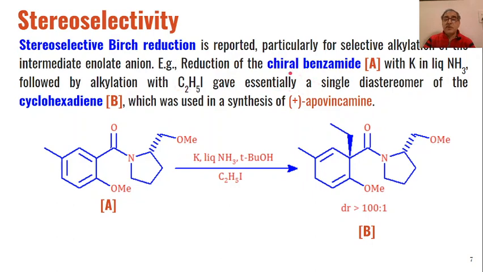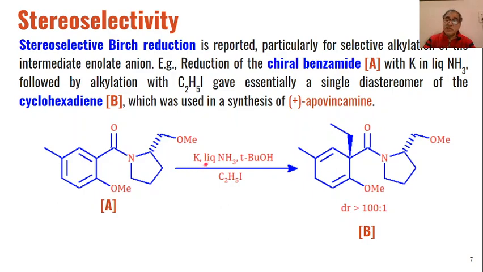For example, consider the reduction of this chiral benzamide, where this group is alpha with respect to this ring.